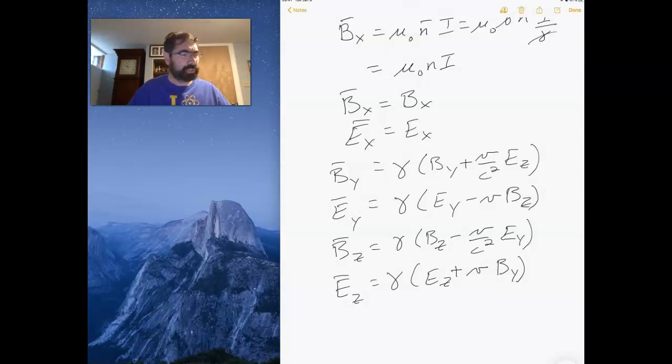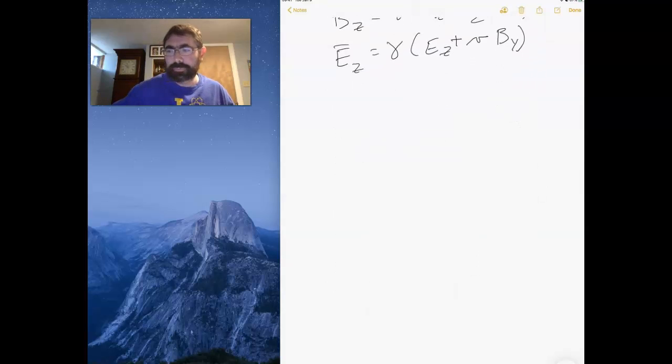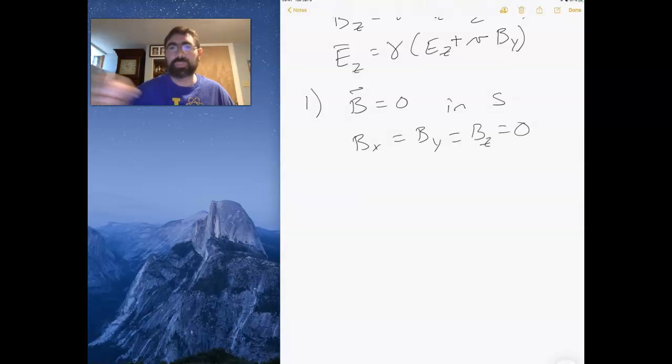So let's consider two cases. Let's say that there is no magnetic field in the S frame. Okay, so Bx equals By equals Bz equals 0. So now what do we get?